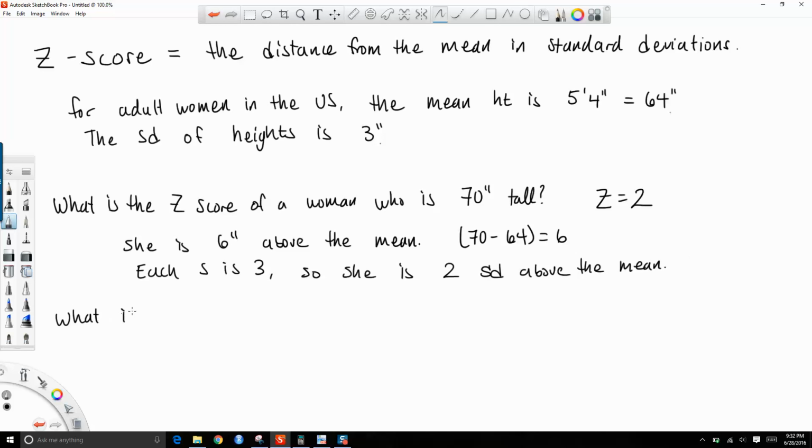What is the Z of a woman who is, we'll say, 59.5 inches tall?